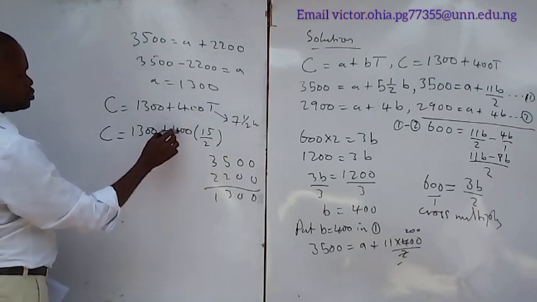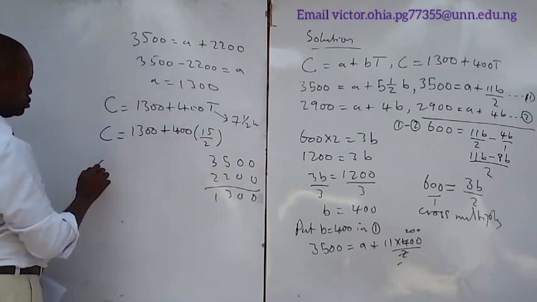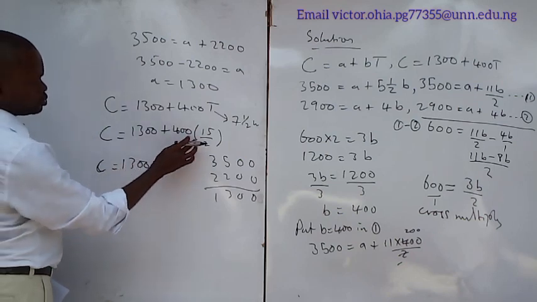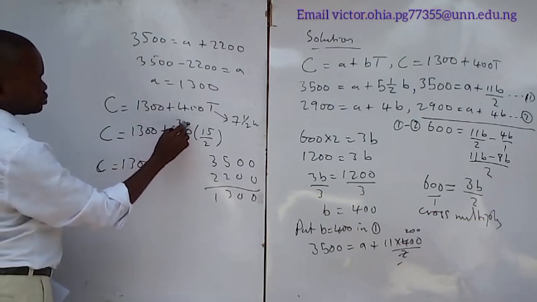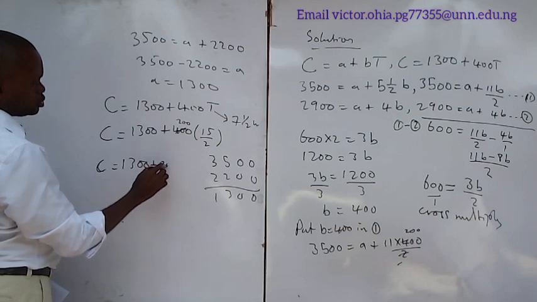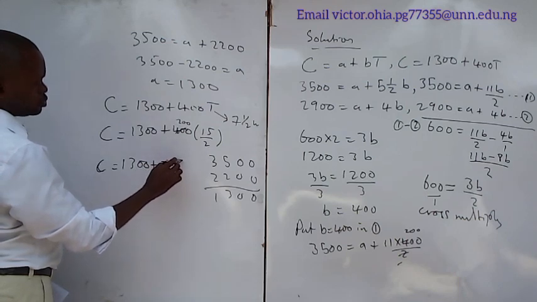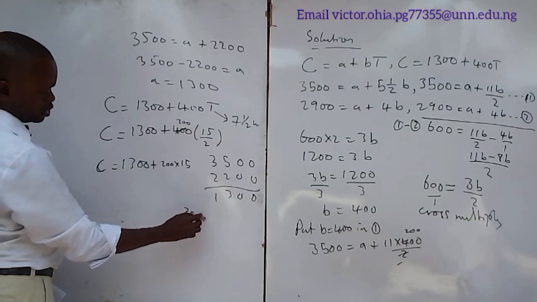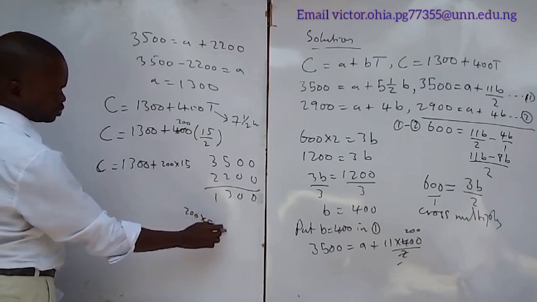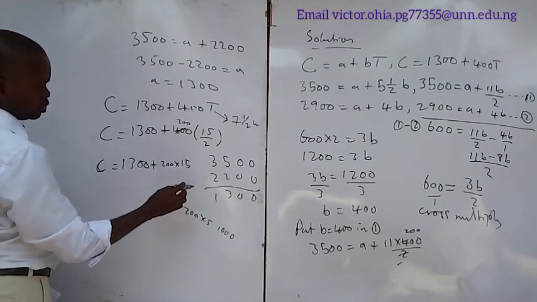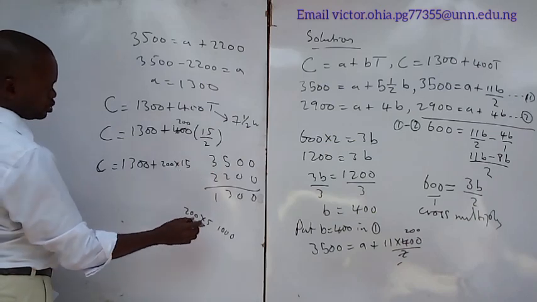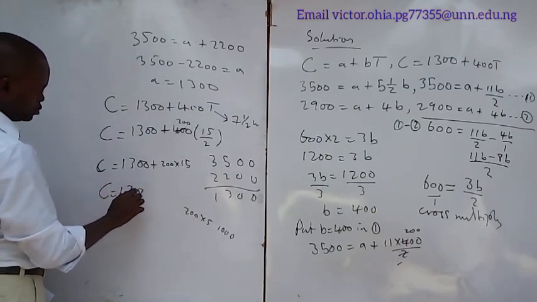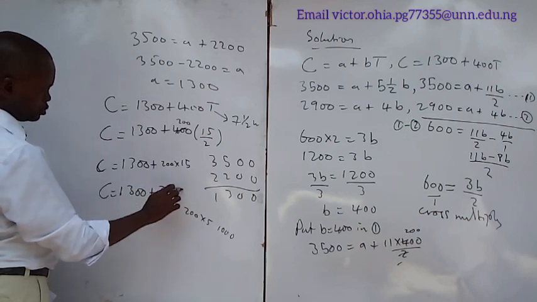So into this, we have C equals 1,300 plus 200 times 15, and 200 times 5 is 1,000, so into 3 places will be 3,000. So we have C equals 1,300 plus 3,000.